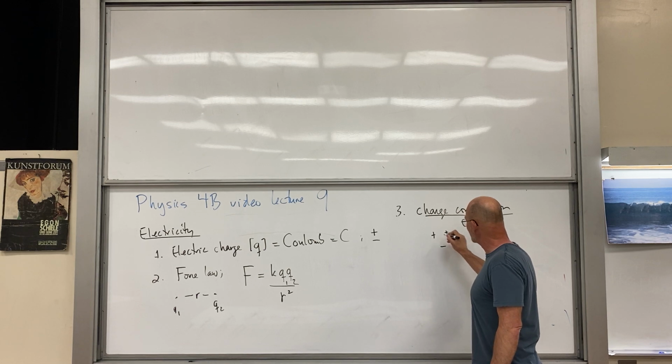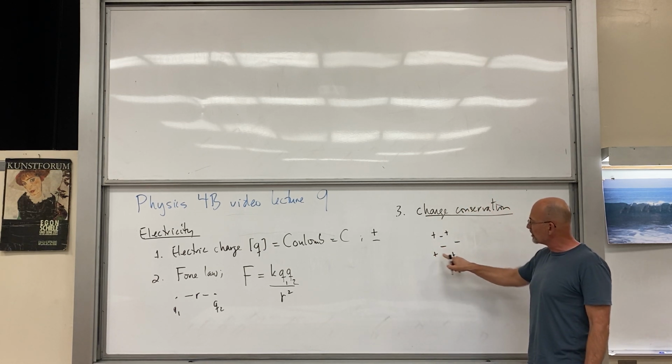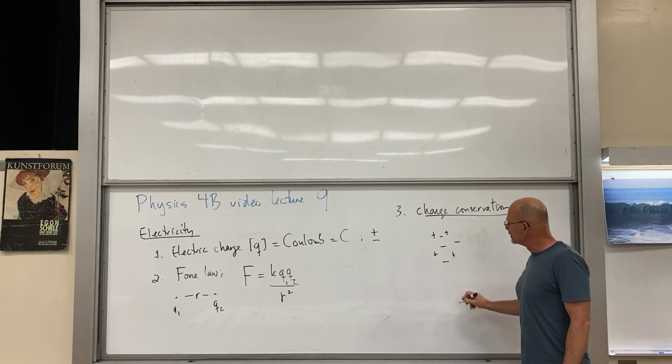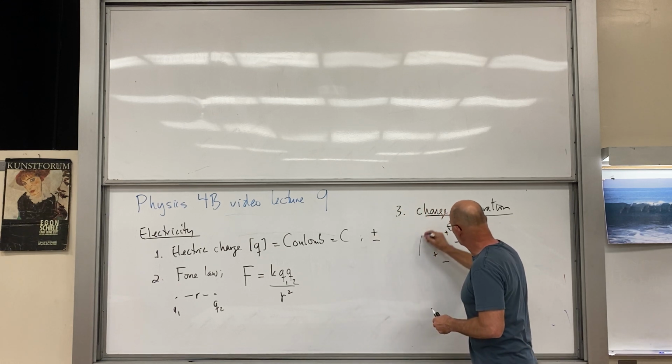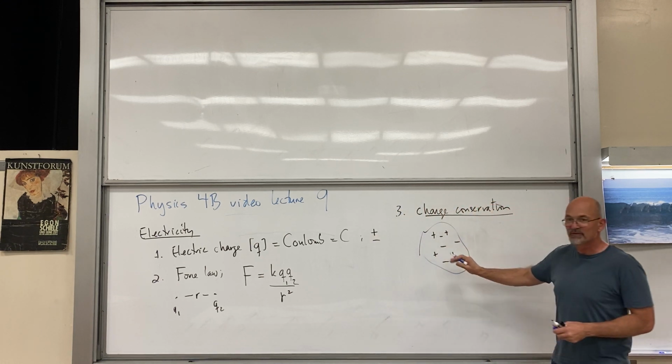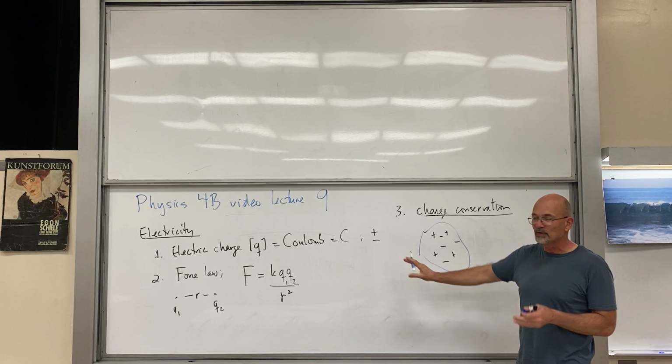So I could just draw a bunch of pluses and minuses. I have to make sure: 1, 2, 3, 4, 1, 2, 3, 4. And this net charge of 0 is going to be conserved and remain constant.